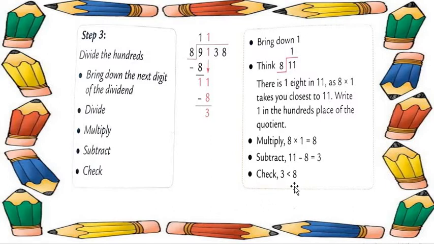Then what do you check all students? You check the divisor. Divisor is always bigger than our remainder. Otherwise remainder is always less than our divisor. You have to keep this in your mind. Here they only wrote a check, 8 or 3, less than, greater than.